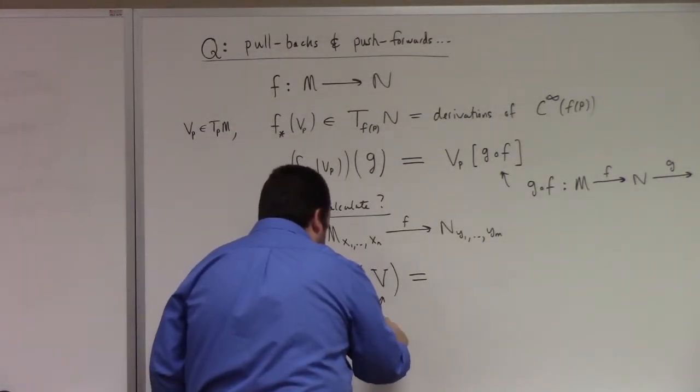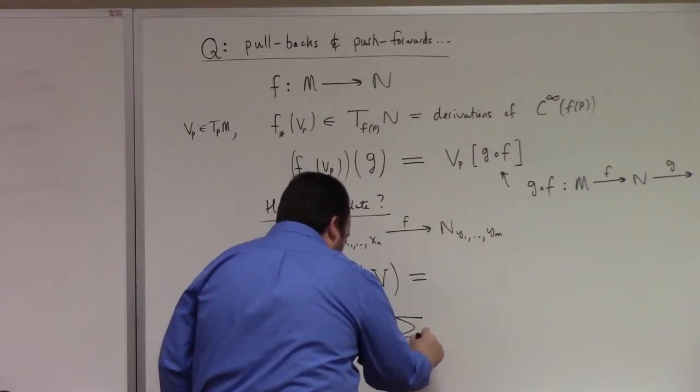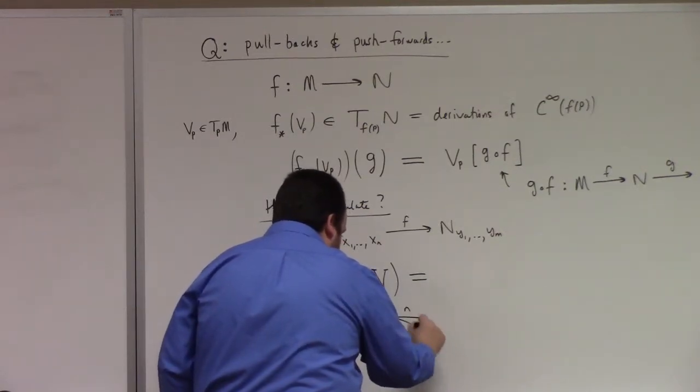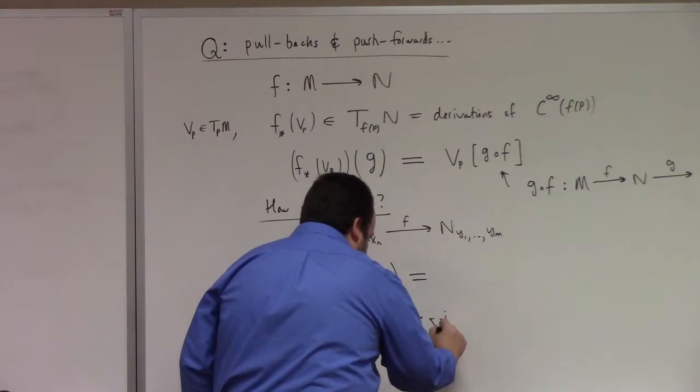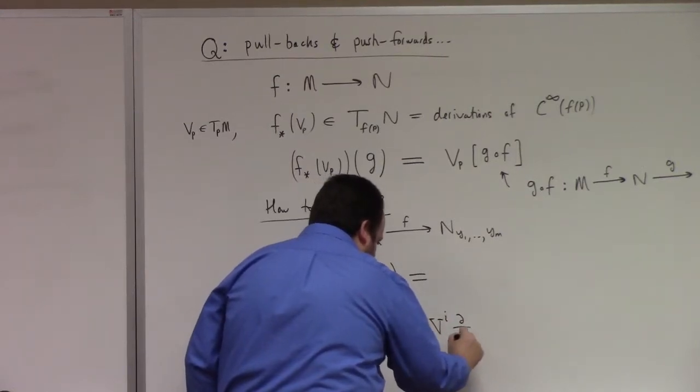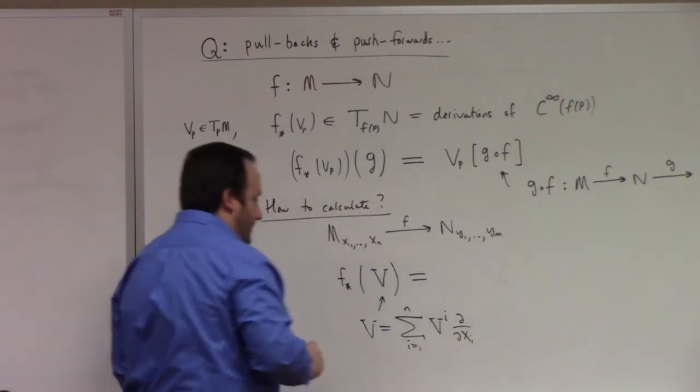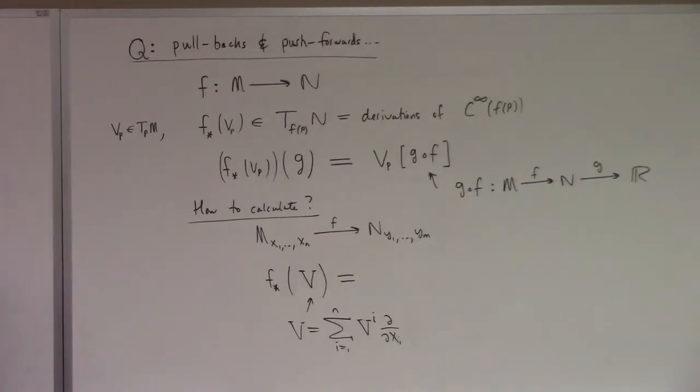V is itself the sum i equals 1 to n of the v upper i partial x_i, right? I'm suppressing the point dependence here. There probably should be a p there.